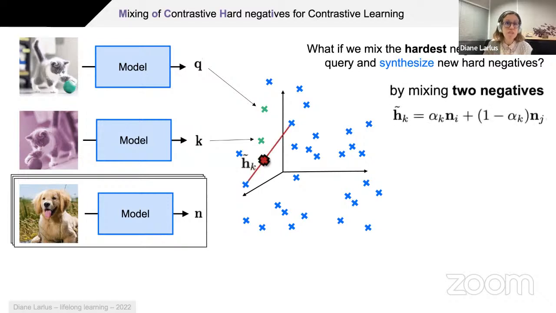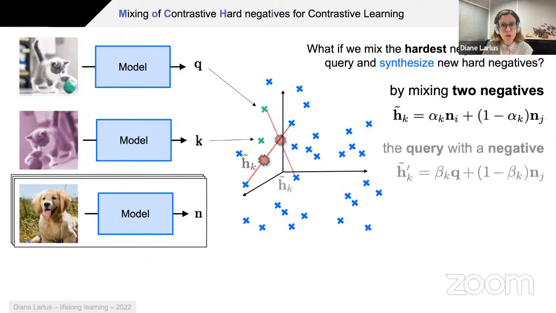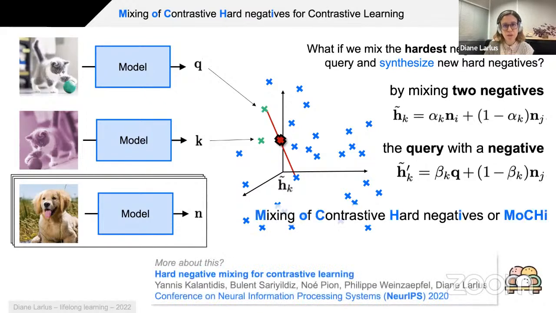You can do that by mixing two negative samples, or you can even obtain this by directly mixing the query with a negative. So we've called this technique mixing of contrastive hard negatives, or MoCHi in short. And this leads to models that train better and, more importantly, faster than those that would not use these synthetic examples.